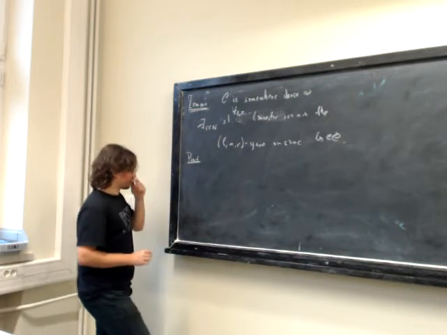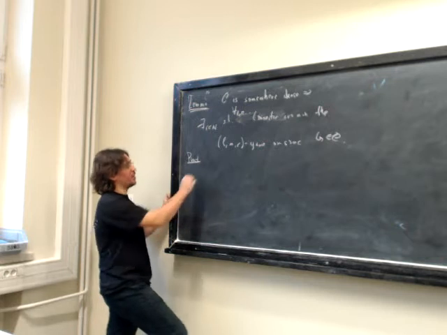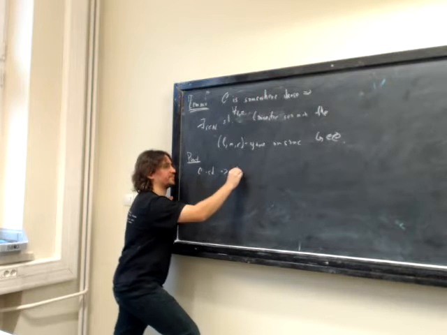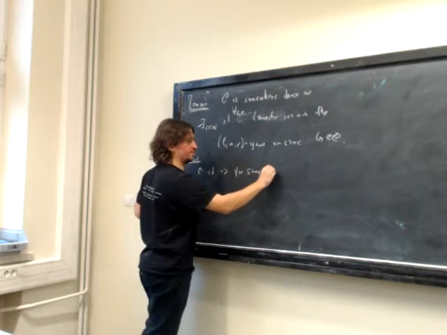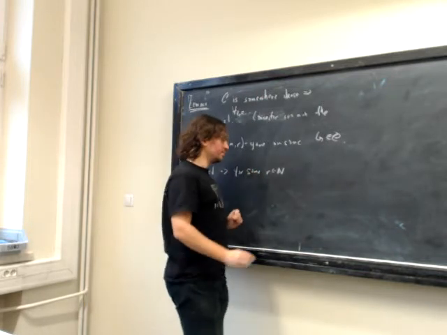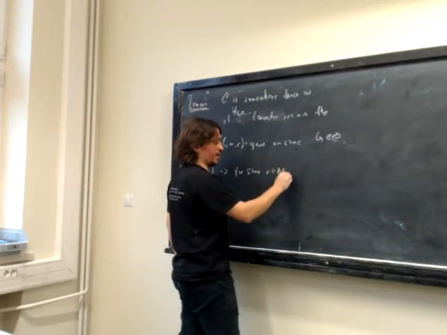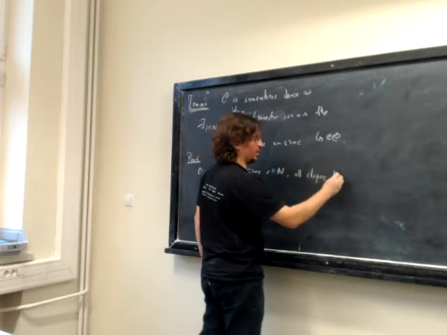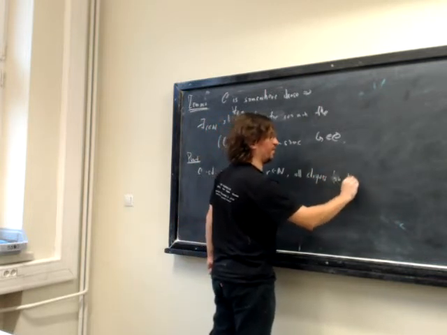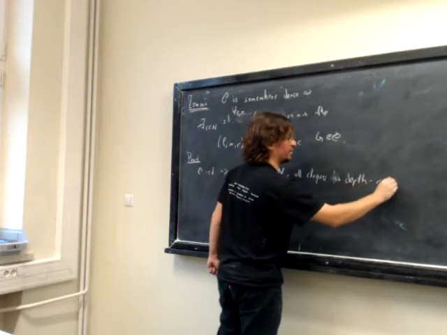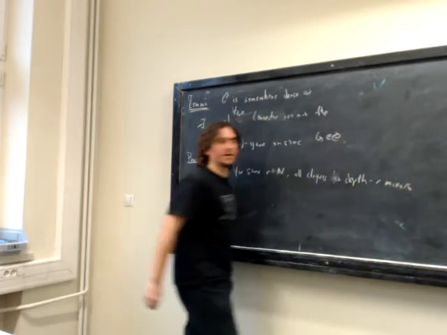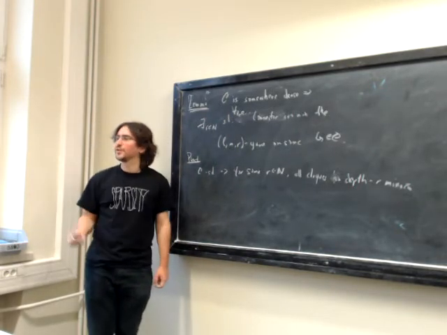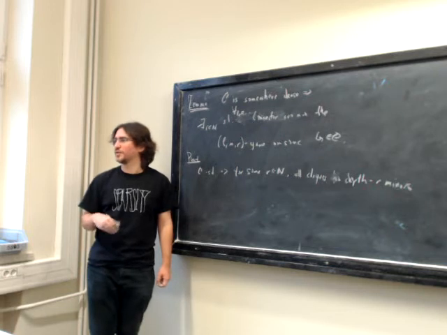So if C is somewhere dense, then for some r, I've got all cliques as depth-r minors. So for every clique that I wish for, say of size 1000, there will be a graph in my class that contains this clique as a depth-r minor.